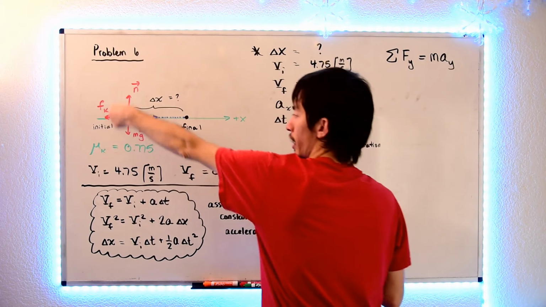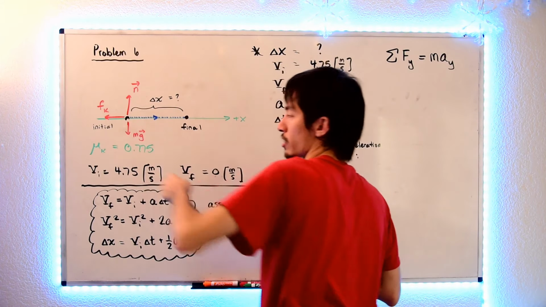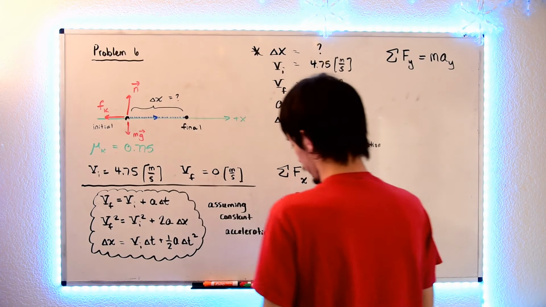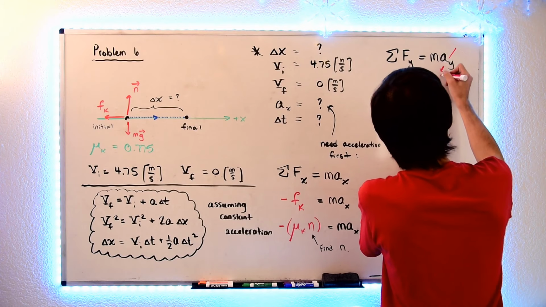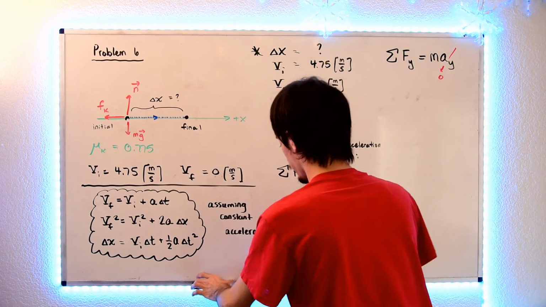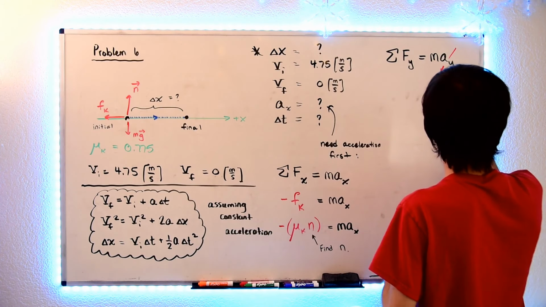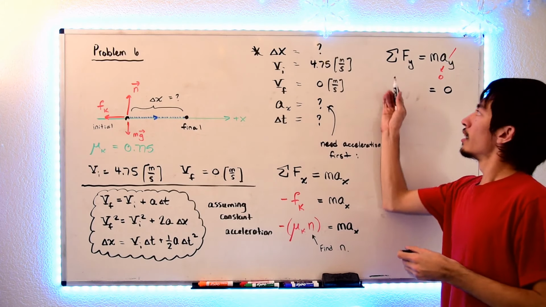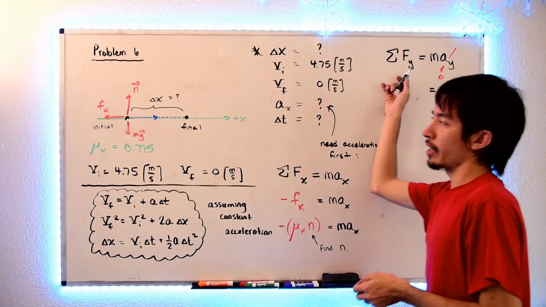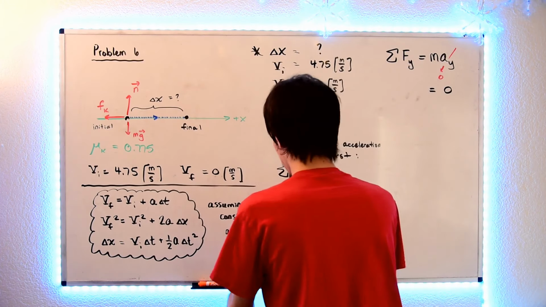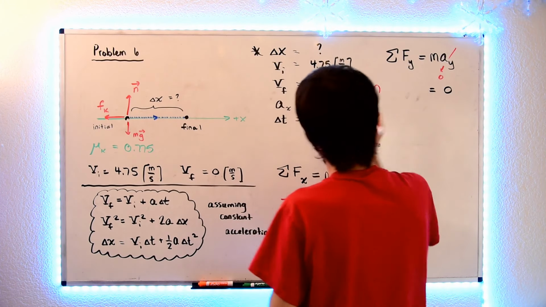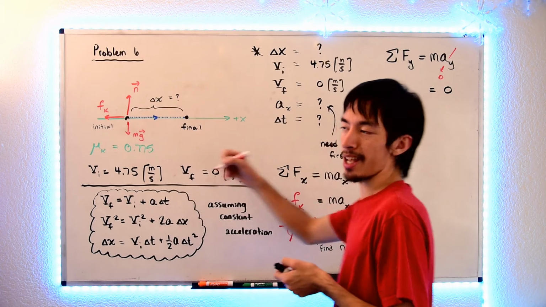There is no motion ever expected in the problem in the y direction, so we know the acceleration is 0 for that direction. So the sum of forces in the y equals 0. For the sum of all forces in the y, we have the normal force up, that's positive, so we'll write positive N. And we have a weight downward, so minus mg.